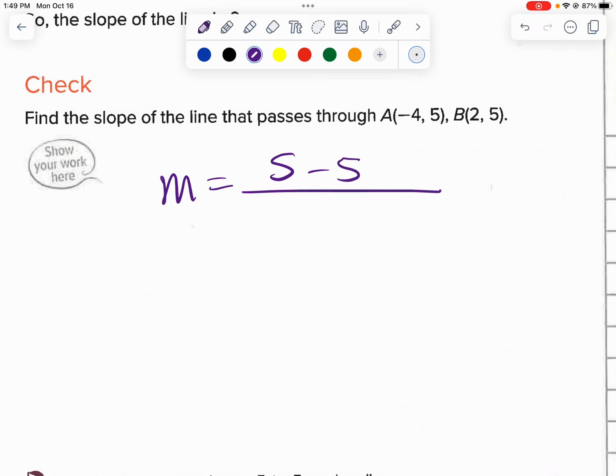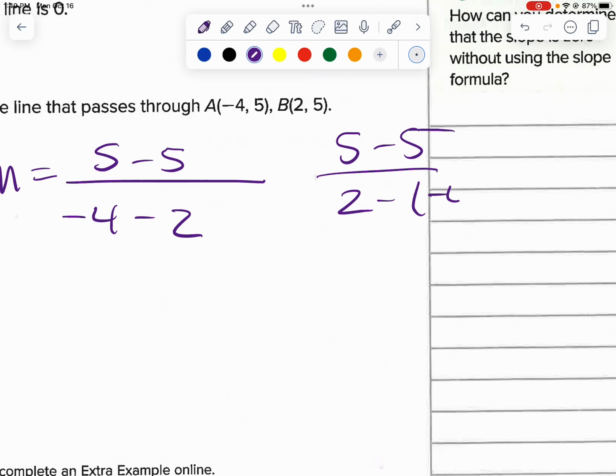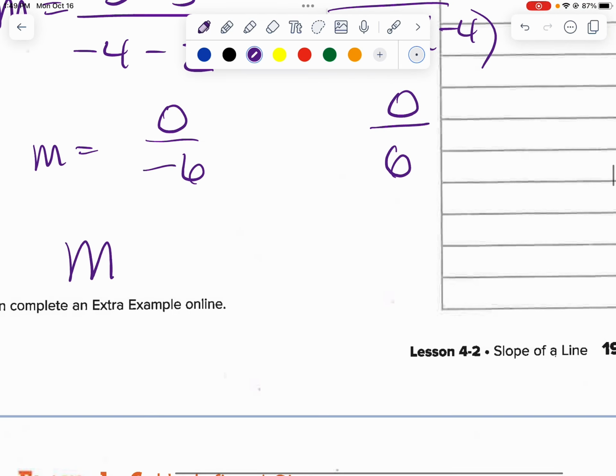Five minus 5 over -4 minus 2. Or you could have done 5 minus 5 over 2 minus -4. I don't care. Either way, it'll work. 0 over -6 or 0 over 6. Either way, the answer is 0.